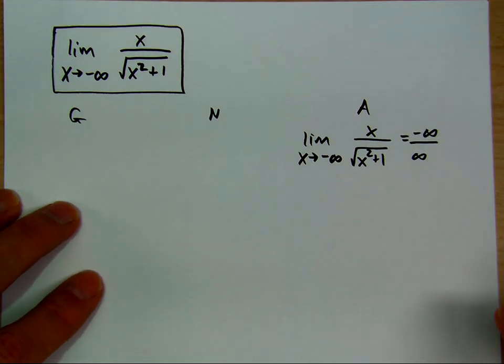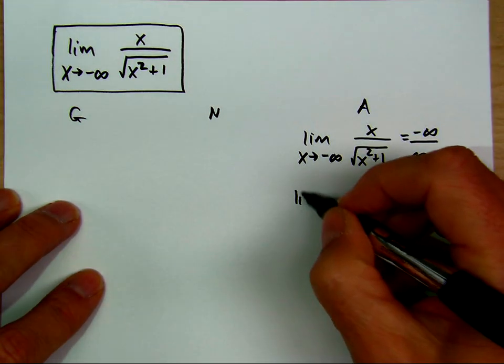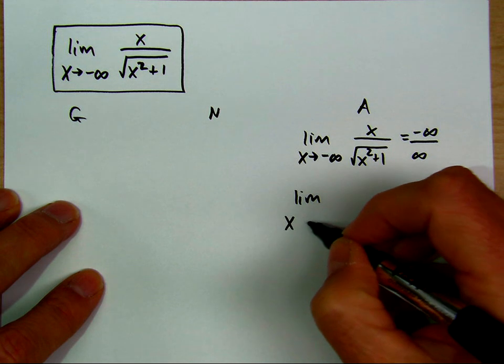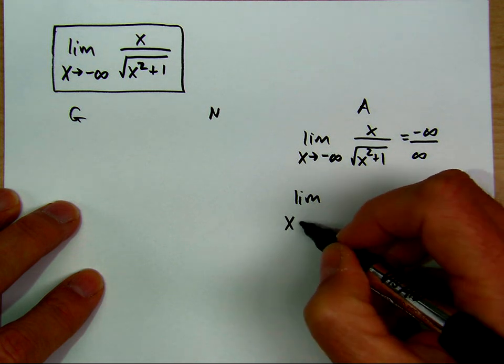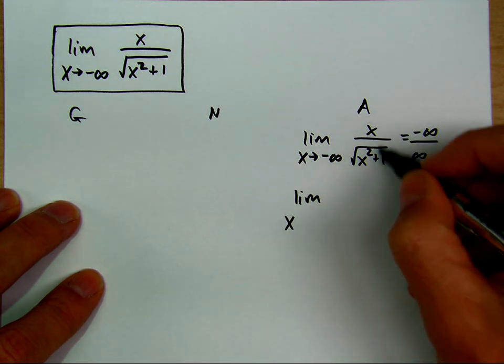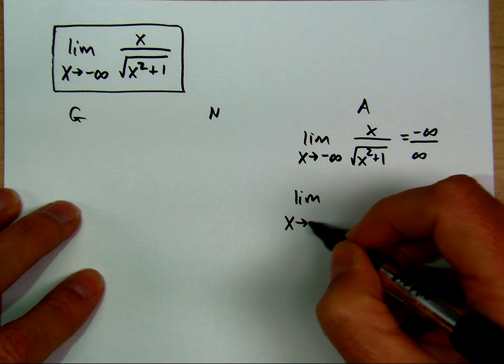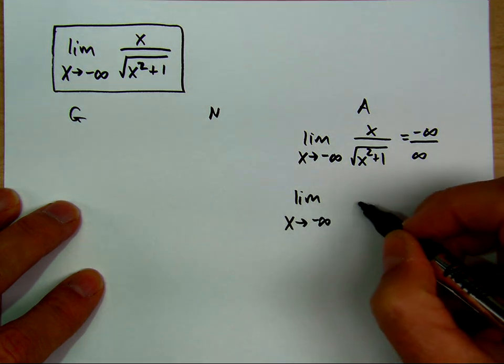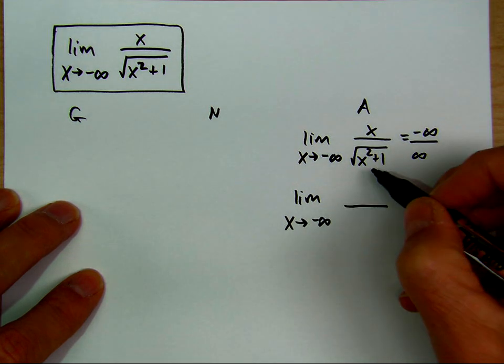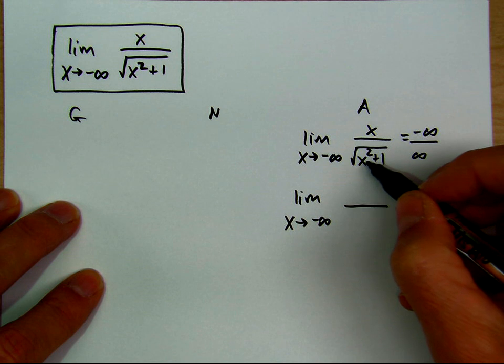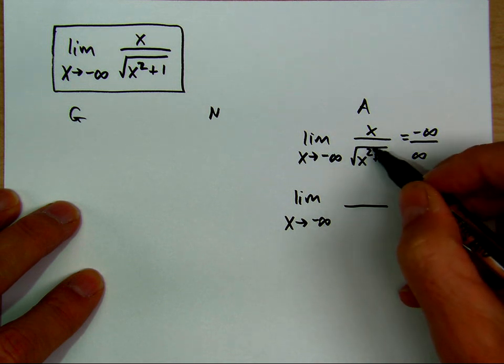So that's indeterminate. We need to cancel. We need to get an x under everything, but now we have this radical. This has an overall degree of 1 because we're square rooting a square.